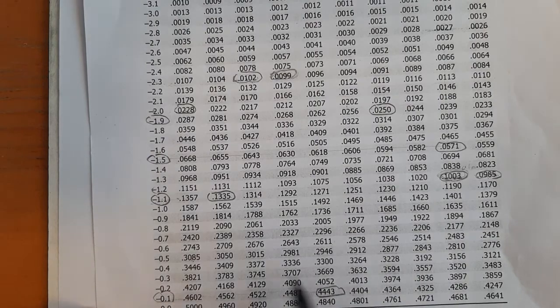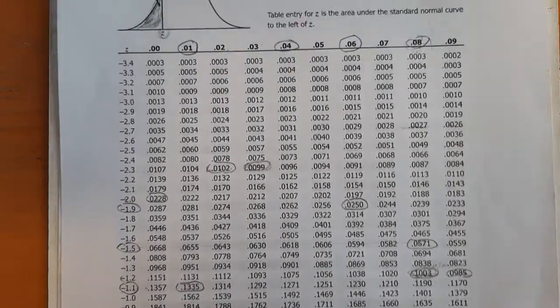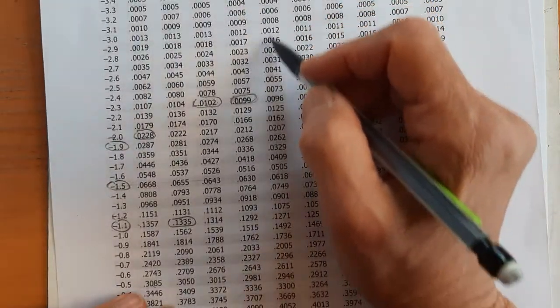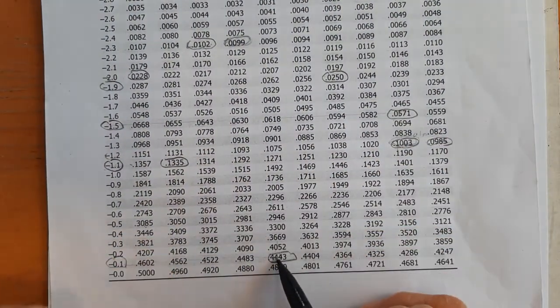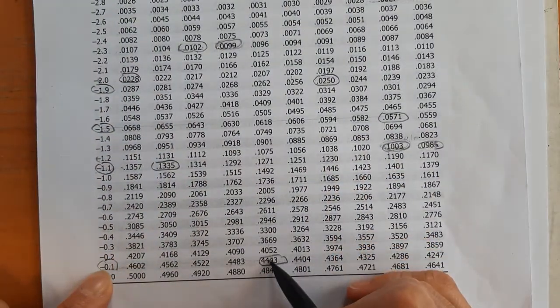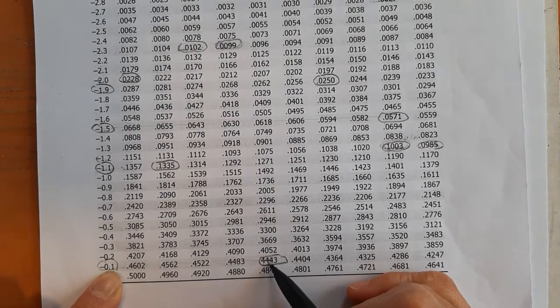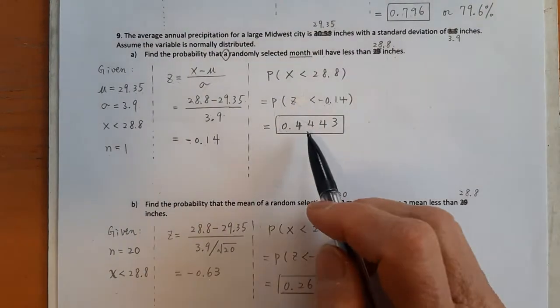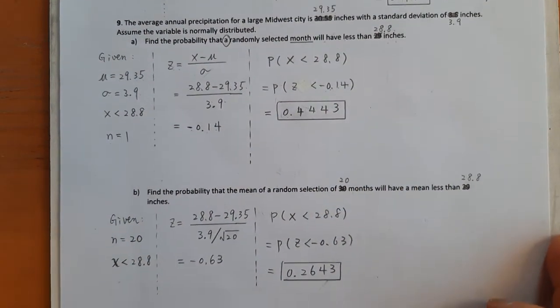Negative 0.1 on the side, and 4 across the top, which is 0.04. Go down to negative 0.14, and this is the value: 0.4443. That's the answer. Next one.